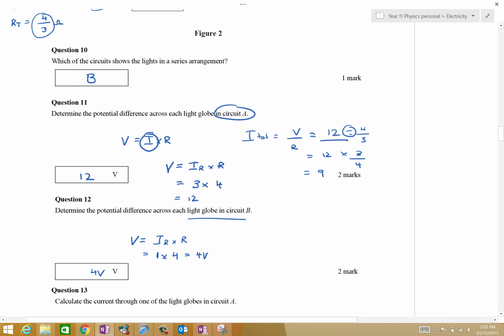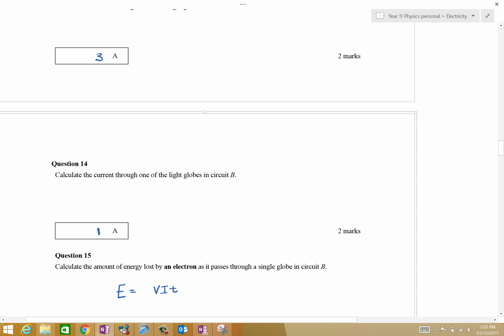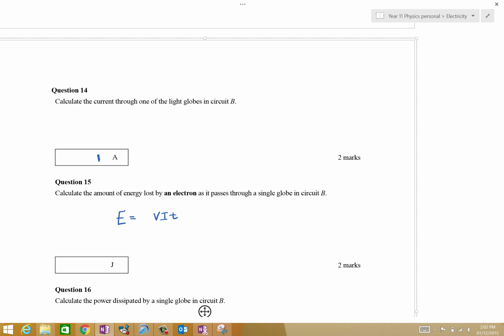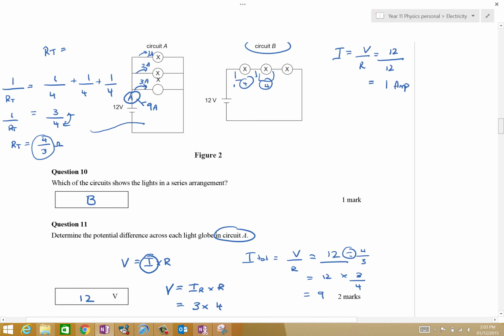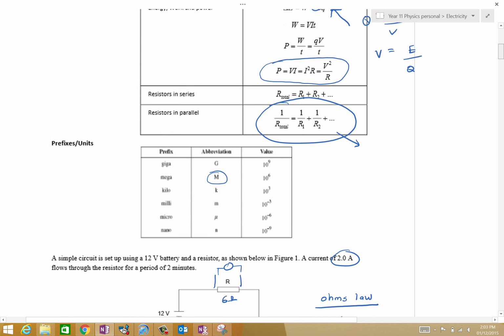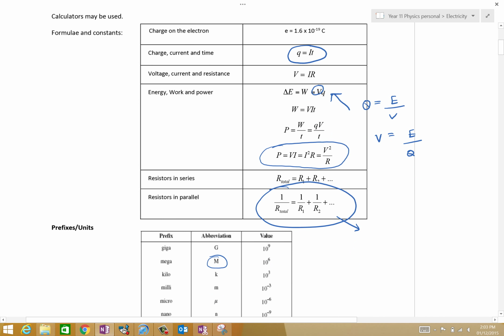What was the formula we had? Didn't we say that the number of electrons times the charge of one electron is equal to what? What was that equal to? Has that been given to you? Not sure.